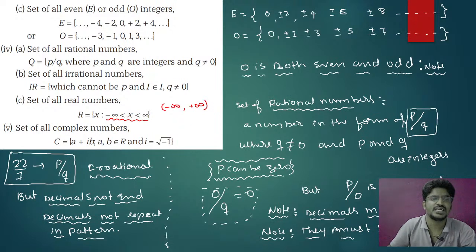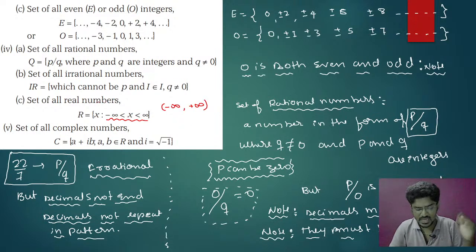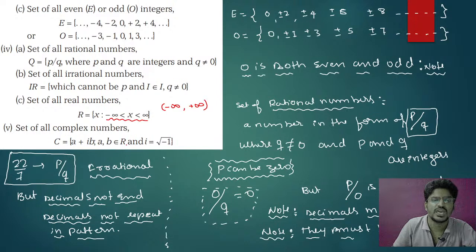Complex numbers are not present in real numbers; they are different from real numbers. Complex numbers are in the form a plus ib, where a, b belong to the real numbers.